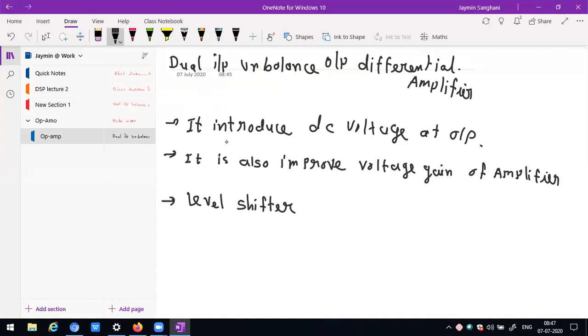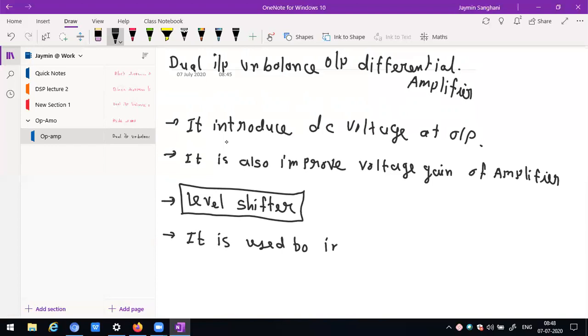We would like to improve the current gain. So, level shifter. Level shifter means what? It is used to improve the current gain of the amplifier.